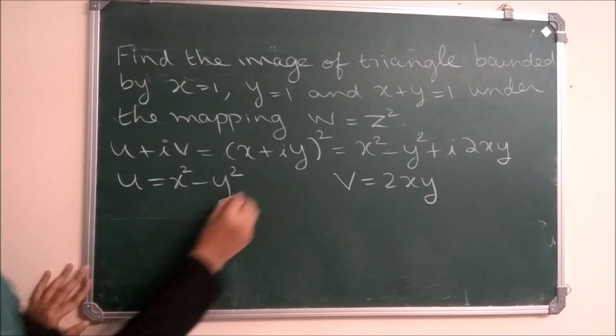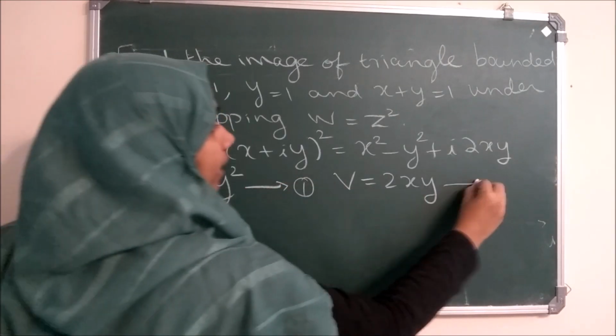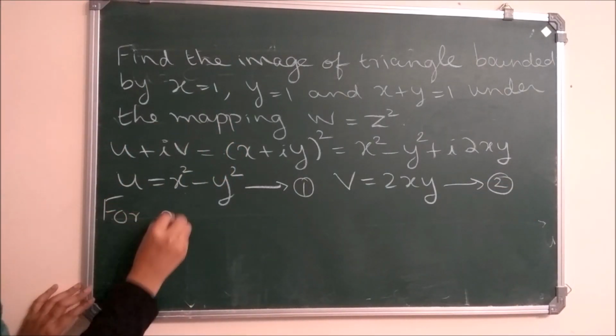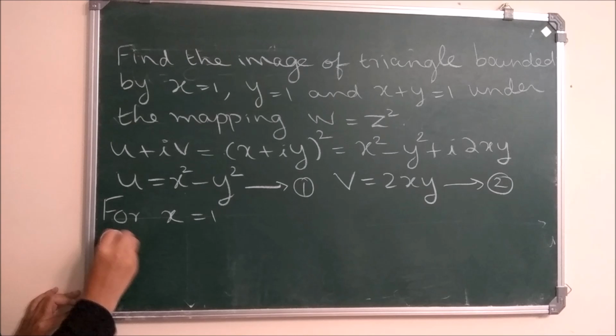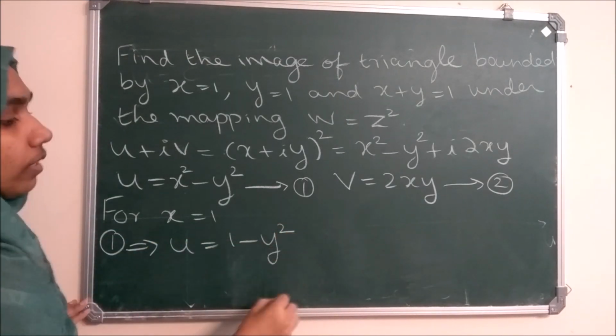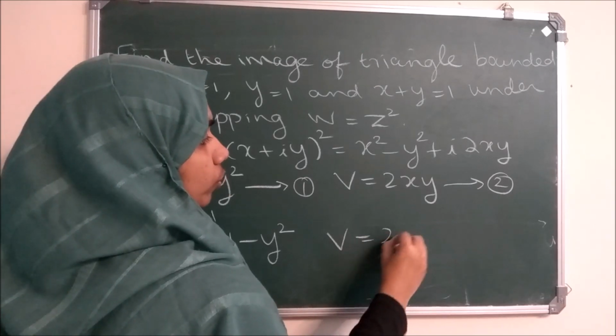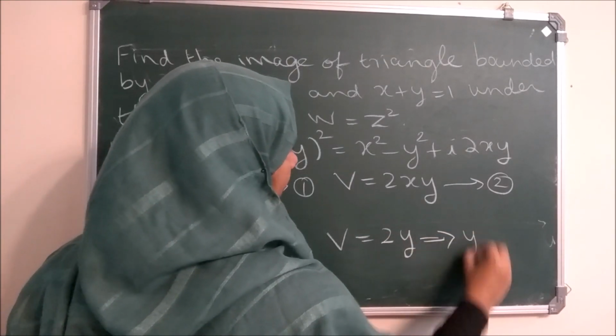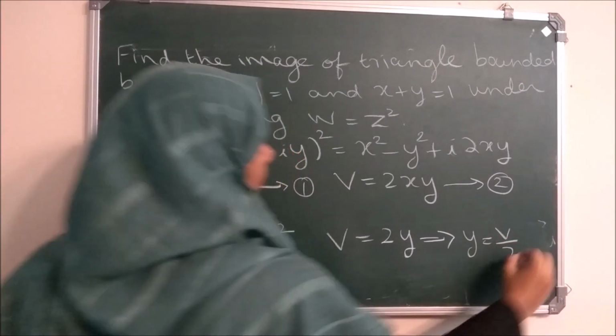So first we can find the image of the line X equal to 1. Give these as equation number 1 and 2. So for X equal to 1, U will become 1 minus Y square and V is equal to 2 into Y. From here you can write Y as V by 2.